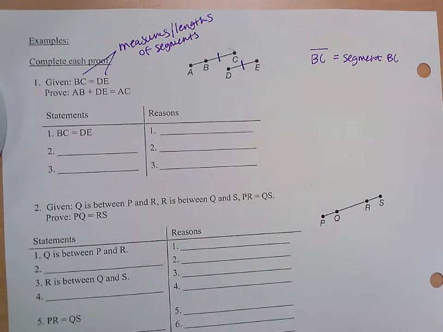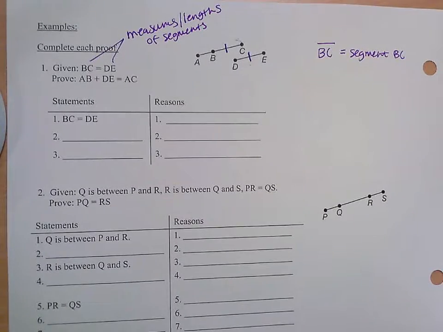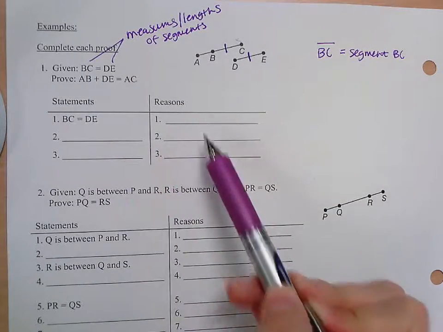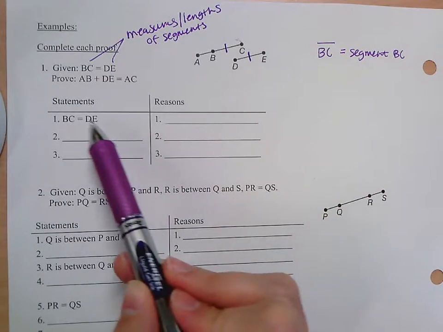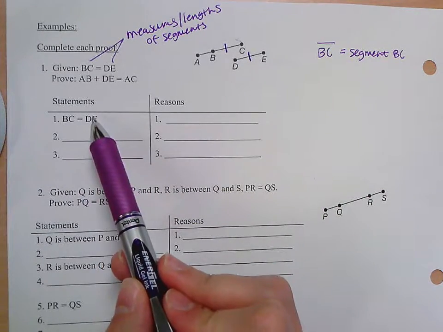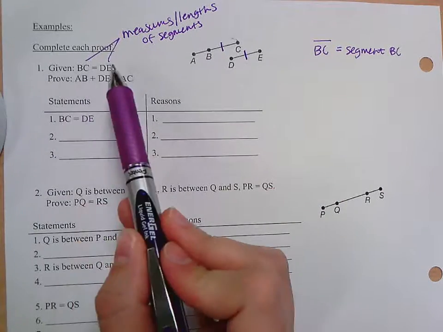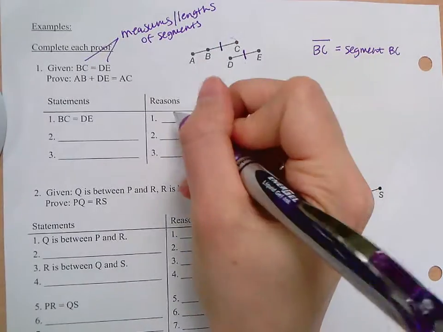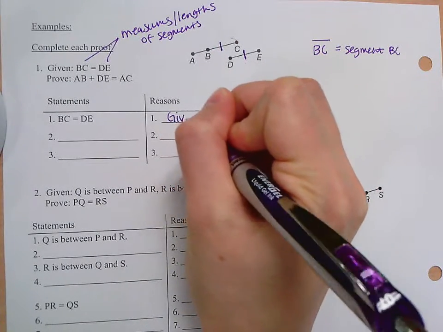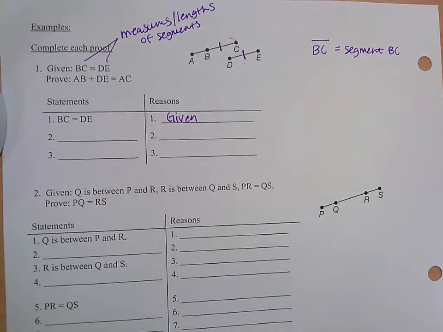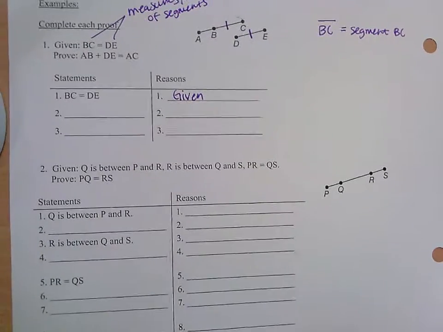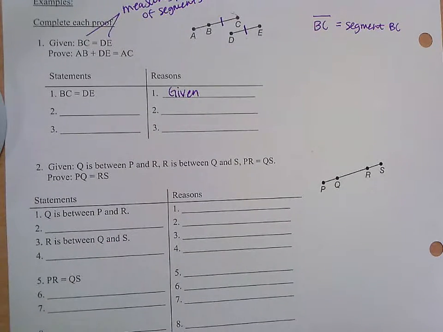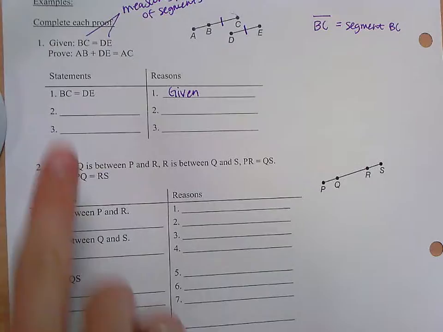So the only thing I filled in this proof, because again, we're going through it together, you can see I do have it labeled how many steps you should have. You always start with what's given. So BC equals DE. That was given information to me. So my reason is just given. If you're given multiple things, it's possible that all of the things are listed in step 1, or they could be listed in different places throughout a proof, but that's given.